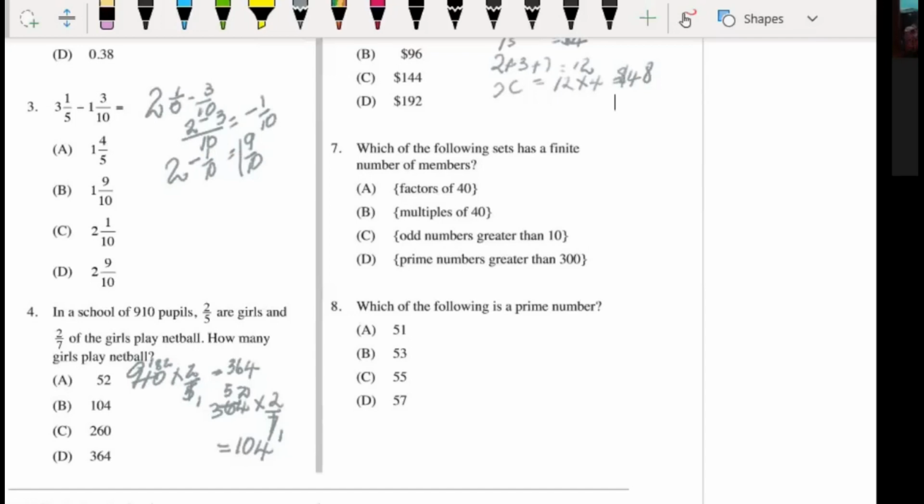Is there a set number of multiples of 40? No, because for every number you can find, you can multiply it by 40, it would be a multiple of 40. All the counting numbers can multiply by 40 to give you a multiple of 40. And there are infinite number of counting numbers, so therefore there are infinite number of multiples of 40.